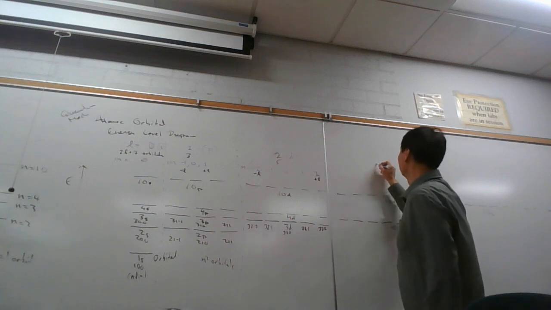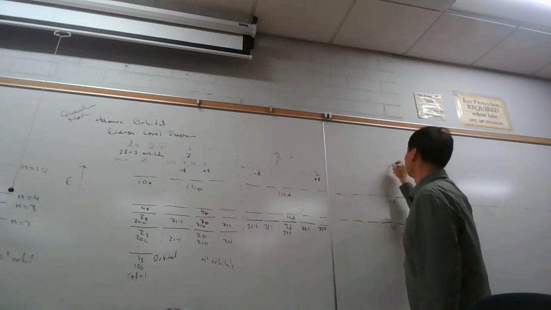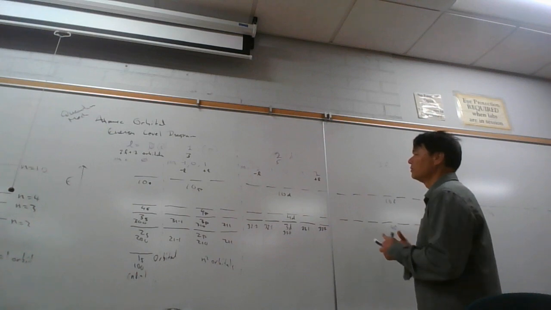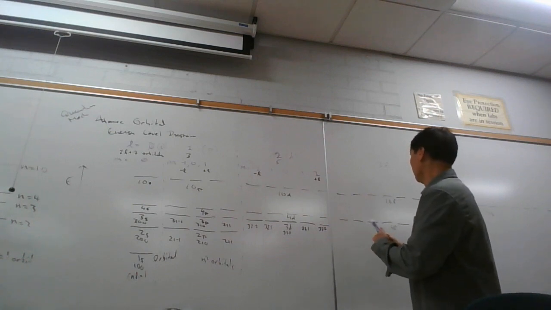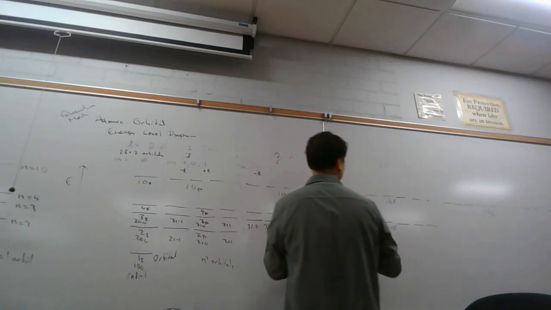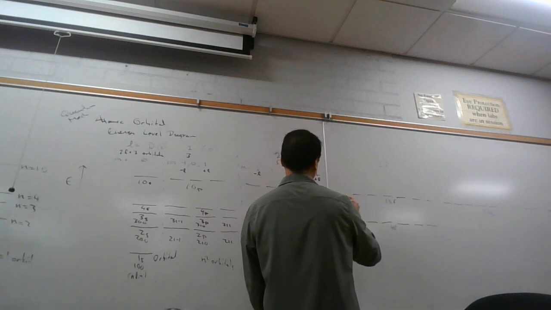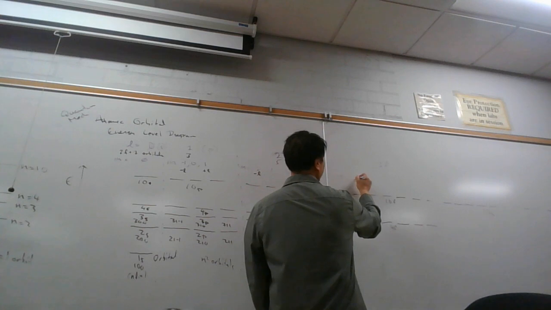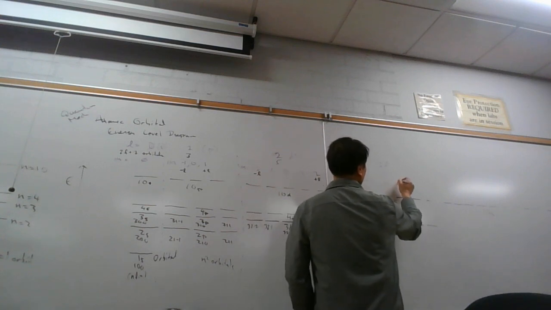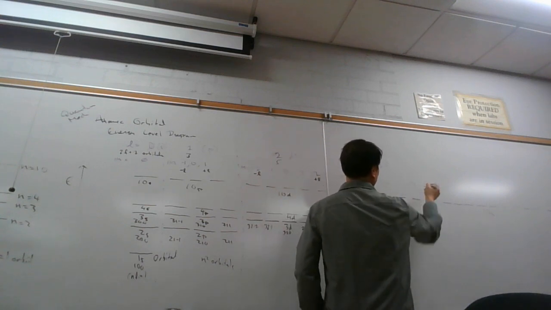When we go to F, 3 is an F orbital. L equals 3. And what are the values for M here? -3, -2, -1, 0, +1, +2, +3.